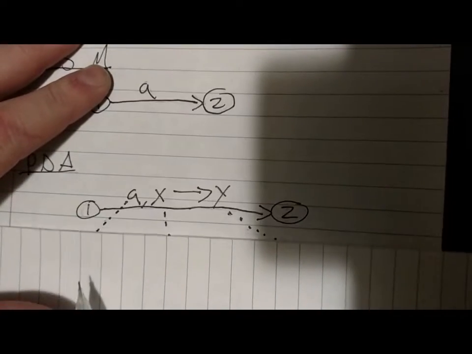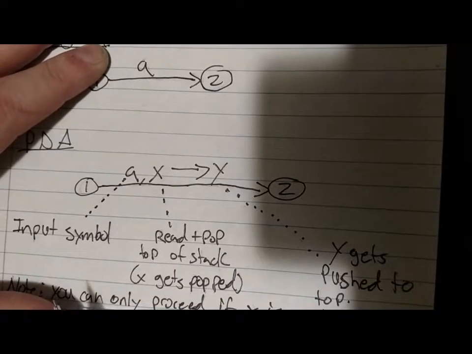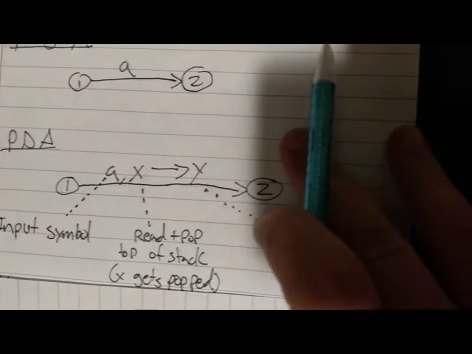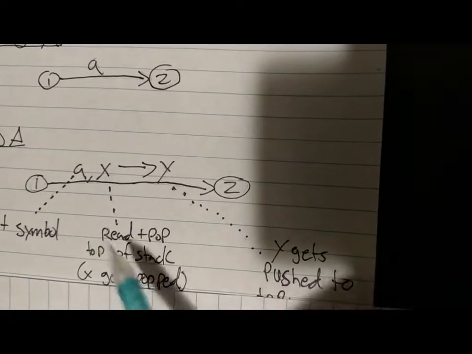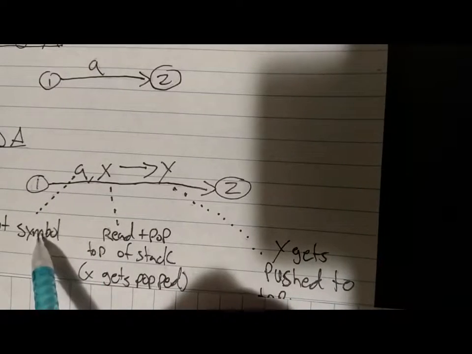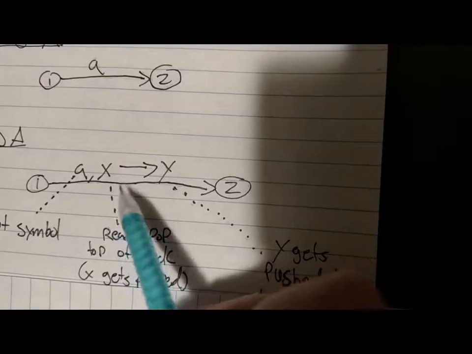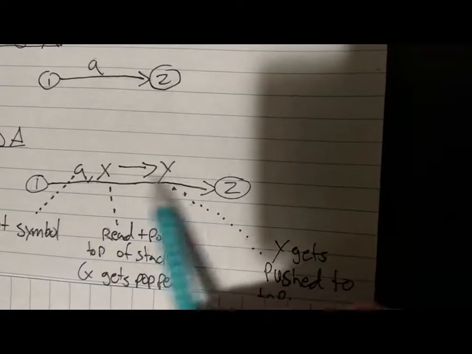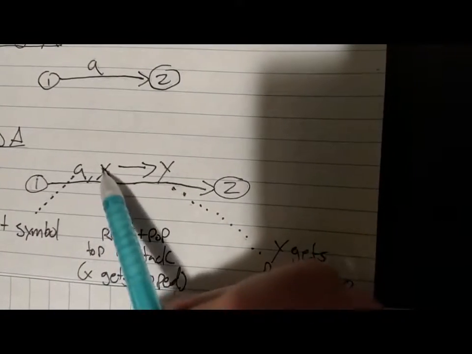In a PDA, it's similar, but the stack has to be taken into account. In a PDA, you have your input string, or your input symbol. You have a second position and a third position in this new tuple.